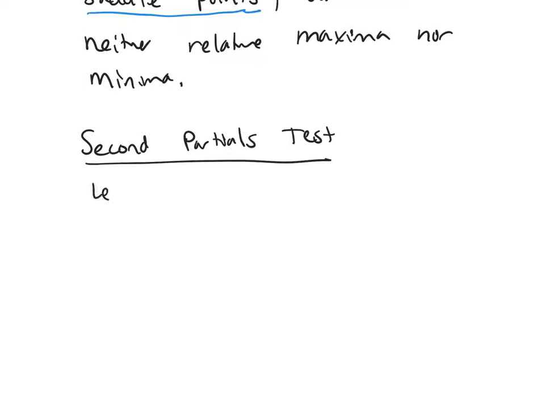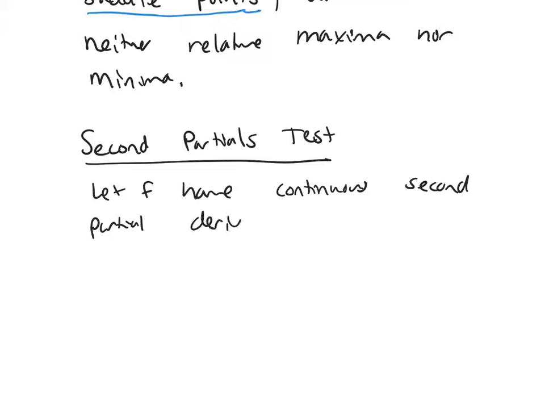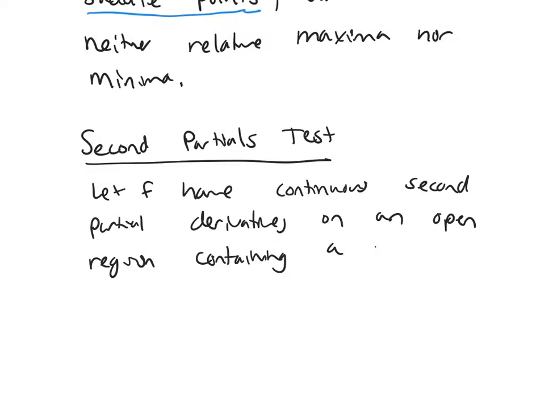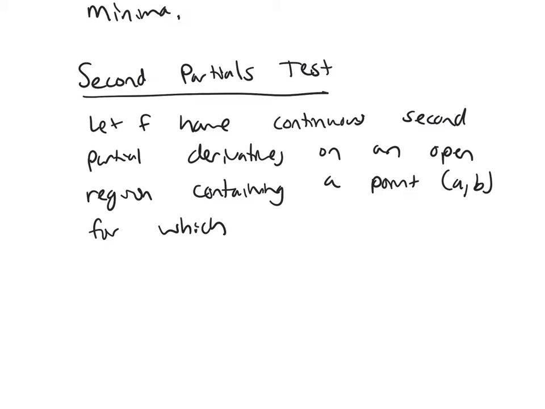It says, let f have continuous second partial derivatives on an open region containing a point (a, b) for which fx and fy at your point is 0.